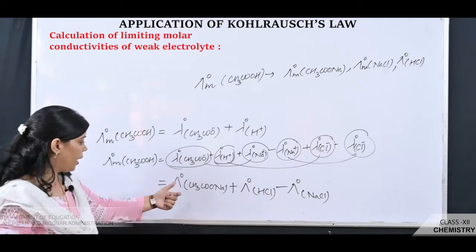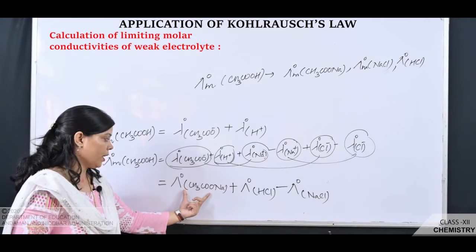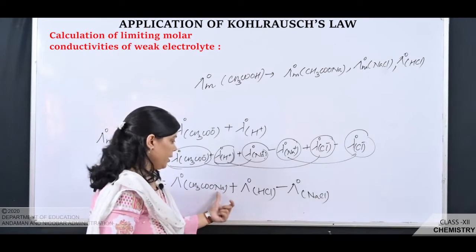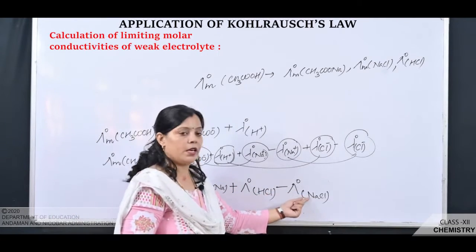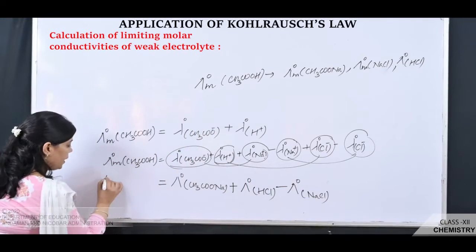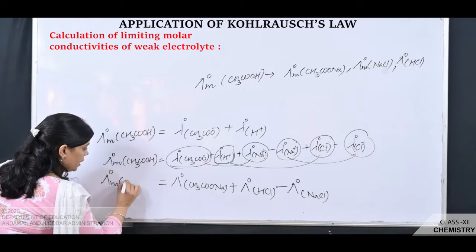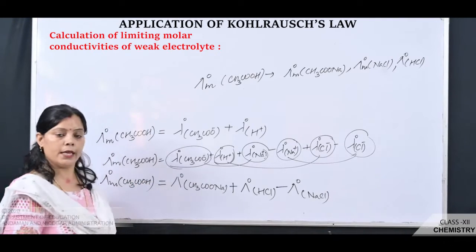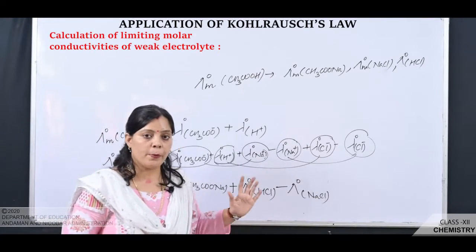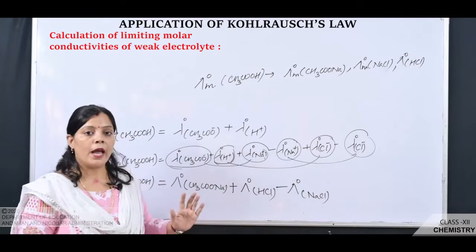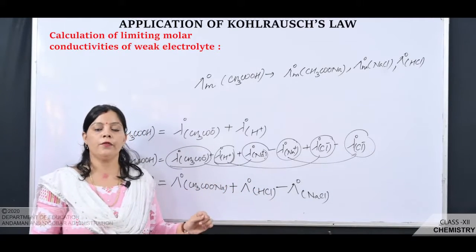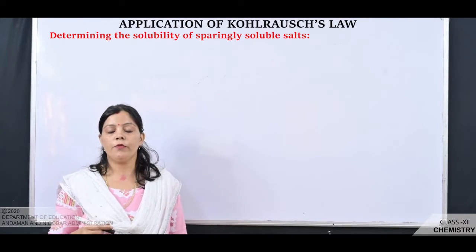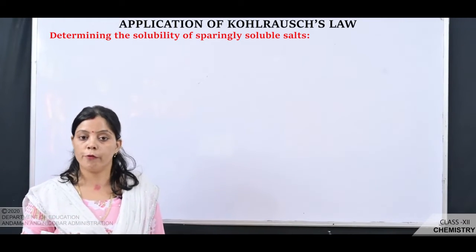So when we know the value of the limiting molar conductivity for the strong electrolytes sodium acetate and HCl, adding these and subtracting the limiting molar conductivity of NaCl, we simply calculate the limiting molar conductivity of the weak electrolyte, that is acetic acid. So the Kohlrausch law is applicable in calculating the value of limiting molar conductivity for the weak electrolyte. Next application is the calculation of the degree of dissociation of a weak electrolyte.